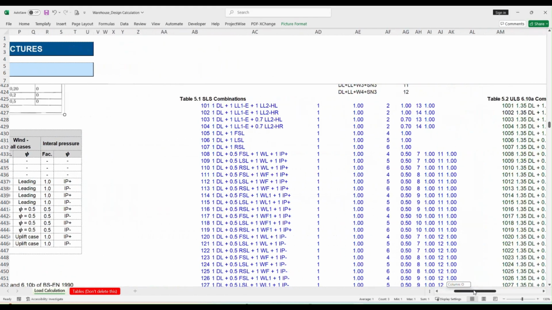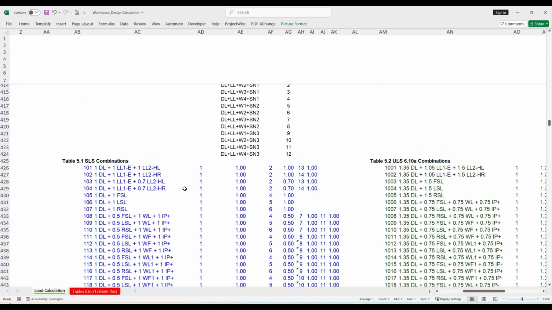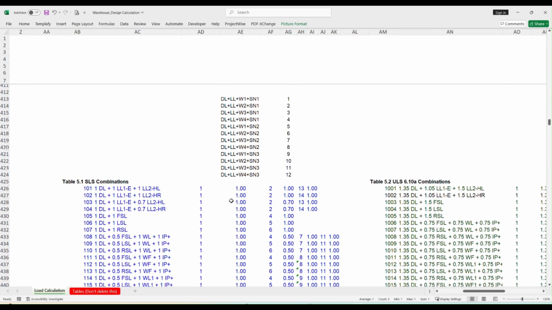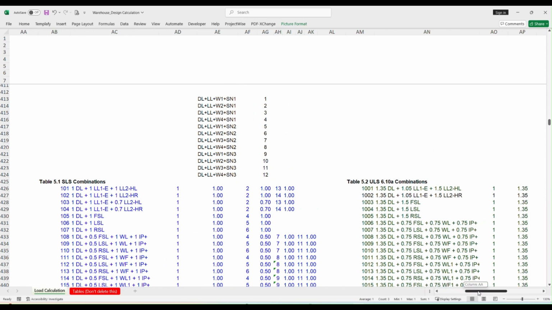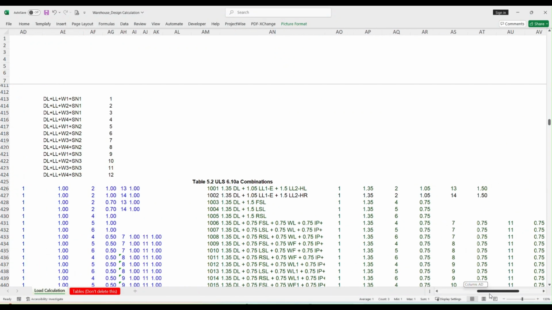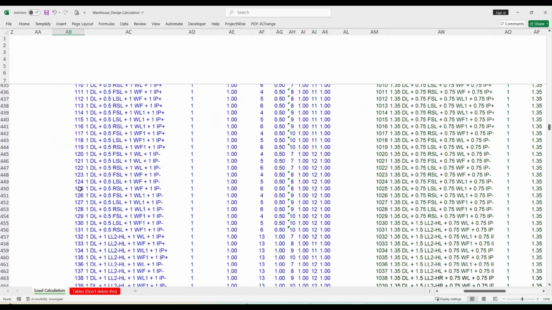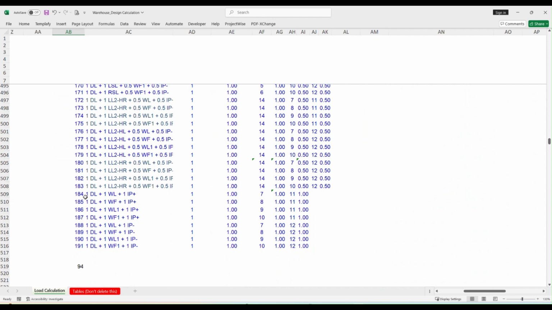So here in the Excel sheet you can see there are various lists for the combinations, the load combination details which we have just calculated. These are created in order to feed to the Robot structural model. Here all the load numbers we have assigned, 101 is the first load combination for SLS, followed by the series up to 191, totally 94 load combinations we have considered.